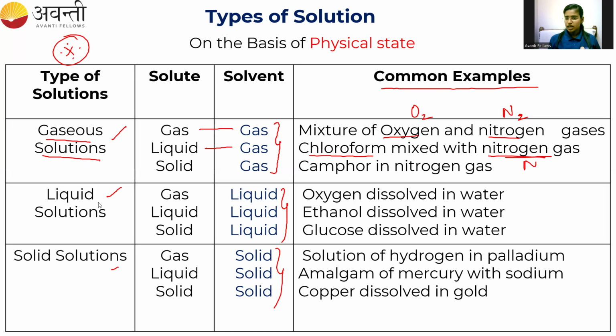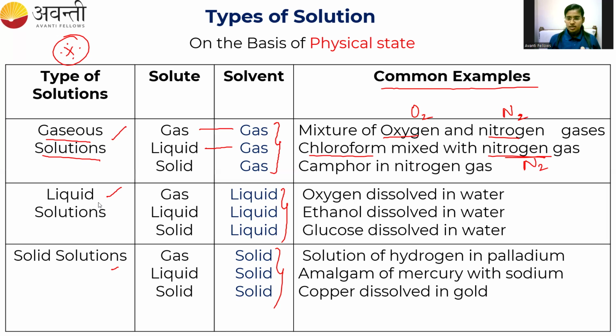Nitrogen is a gas, we all know. Chloroform is a liquid. Can anyone give me the formula for chloroform? Yeah, it is CHCl3. Very good.